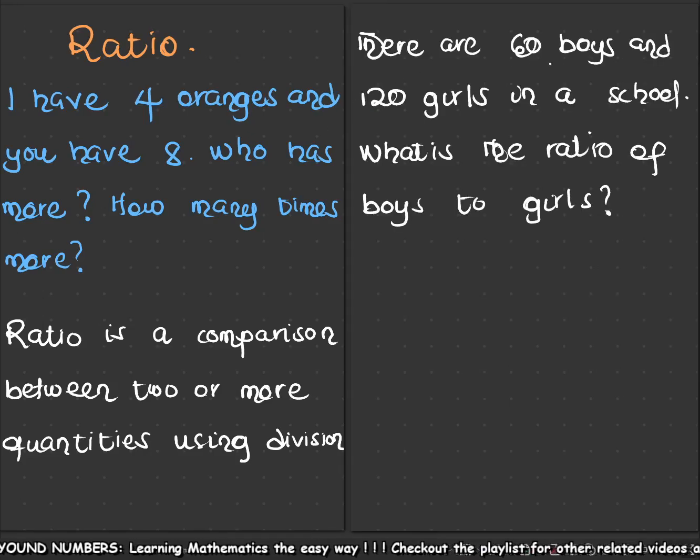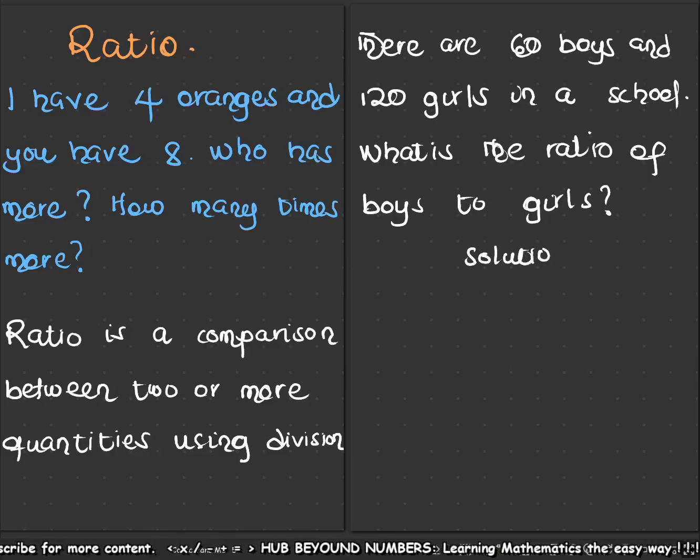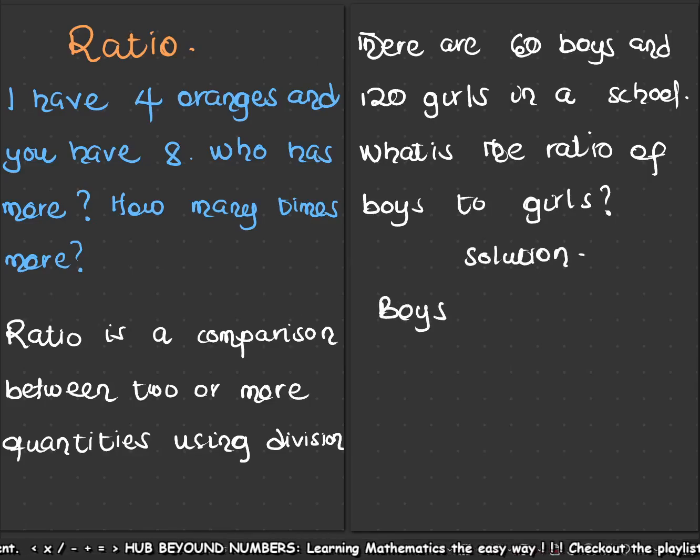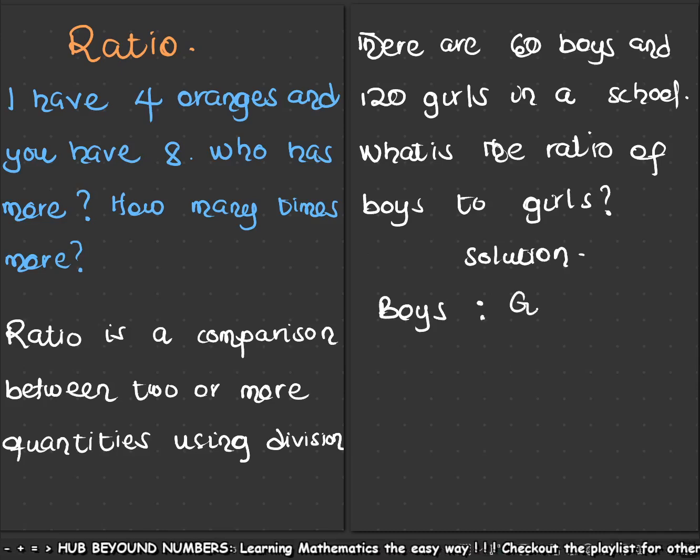It says there are 60 boys and 120 girls in a school. What is the ratio of boys to girls? As we have said, the ratio will compare these two quantities using division. And how do we write ratio? Per the question, we want the ratio of boys to girls, so you can write it as boys to girls.